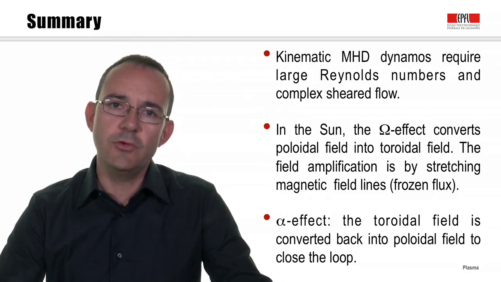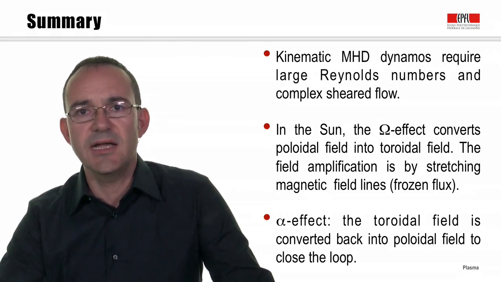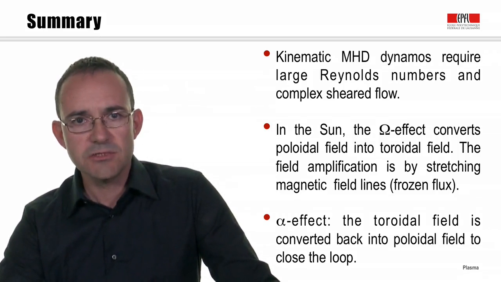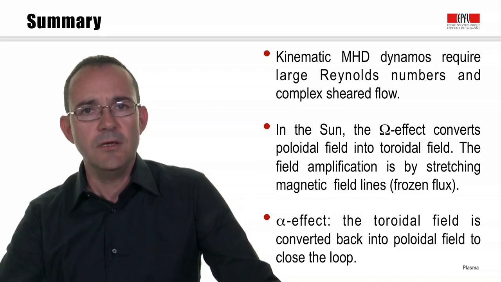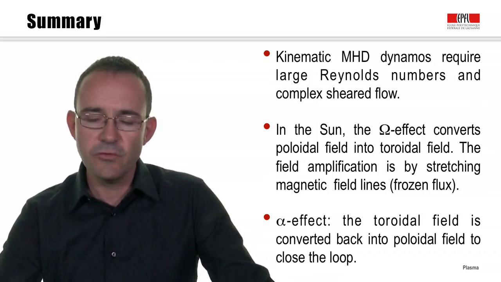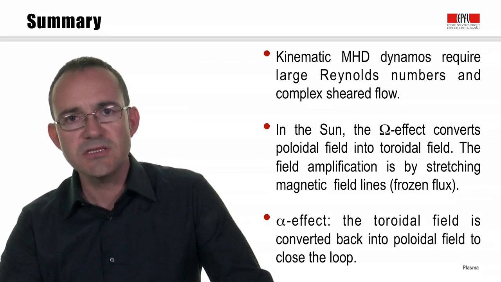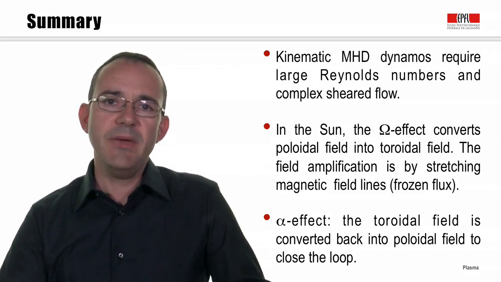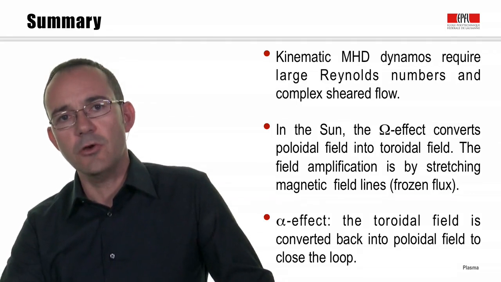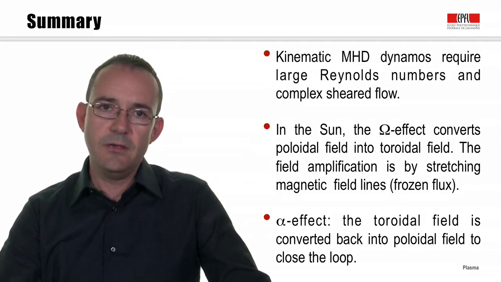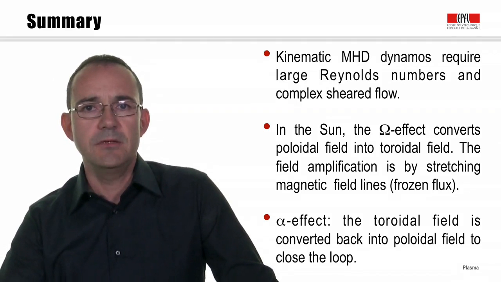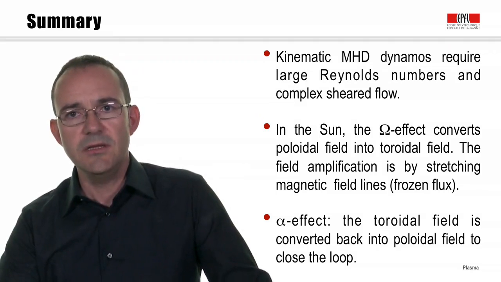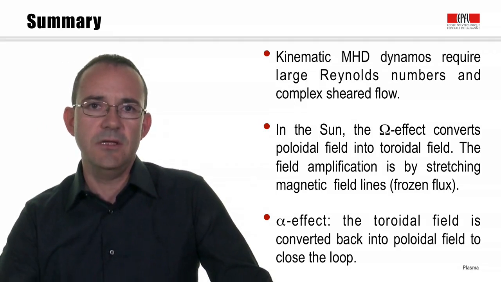In this module, we have reviewed the basis of the kinematic dynamo and showed that two ingredients are key in this process: the large magnetic Reynolds number in the Sun, which results in field lines that are frozen to the plasma motion, and the presence of a complex velocity field with differential rotation. The omega effect allows the conversion of a poloidal field into a toroidal one, which is subsequently amplified. Some sort of alpha effect can then convert it back into poloidal field, thus resulting in a cycle that mimics the observed solar cycle.